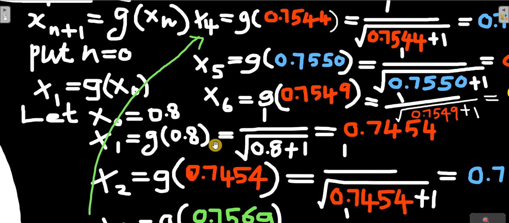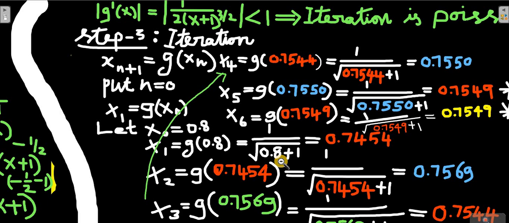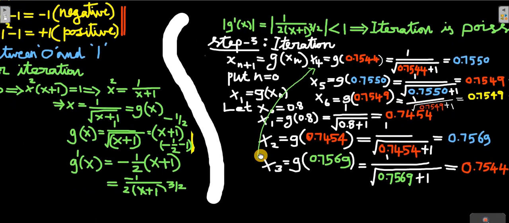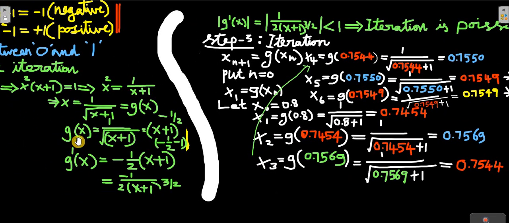x0 is 0.8, so I am getting g of 0.8. But what is the function g of x? We go back and see there that g of x is equal to 1 divided by square root of x plus 1.